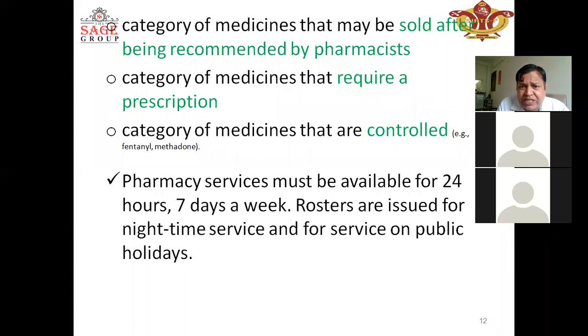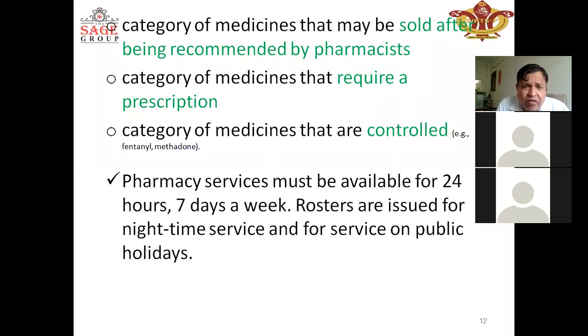There is a category of medicines that may be sold after being recommended by the pharmacist, meaning some category of drugs that you can sell on the pharmacist's recommendation, or some category of drugs which require a prescription written by the physician, or the instruction of a physician.